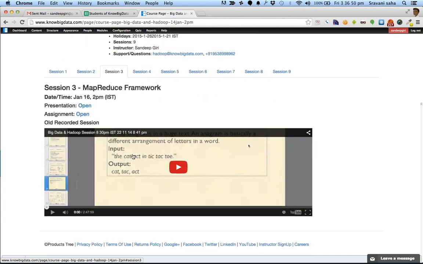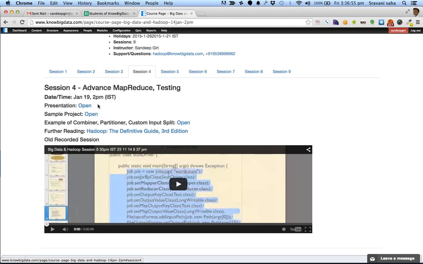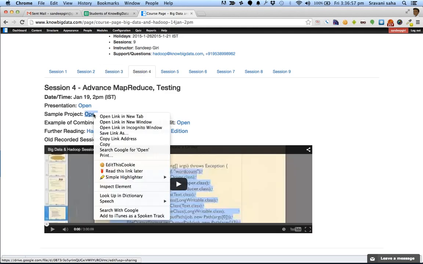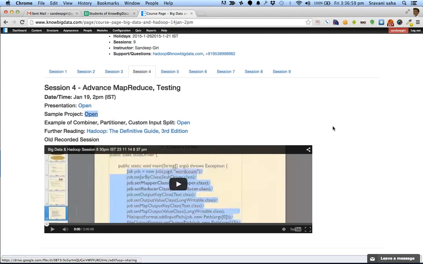Presentation, assignment, and the sample project. So this is the sample project you can download, and then you can work on that.